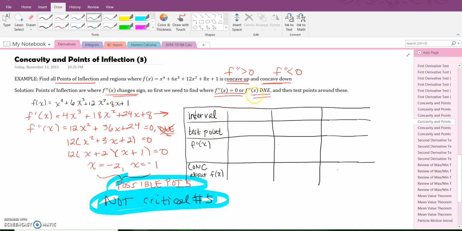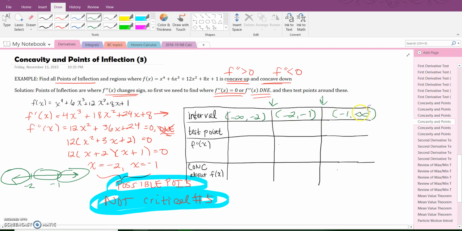Now I'm going to break up my number line using my possible points of inflection. So I have an interval negative infinity to -2. There's a possible POI here, -2 to -1. Another possible POI here, and -1 to infinity.